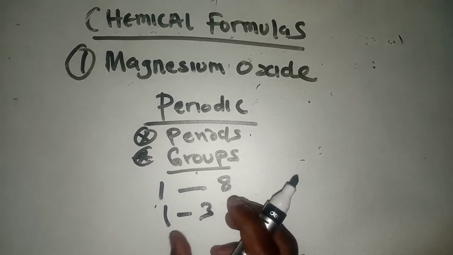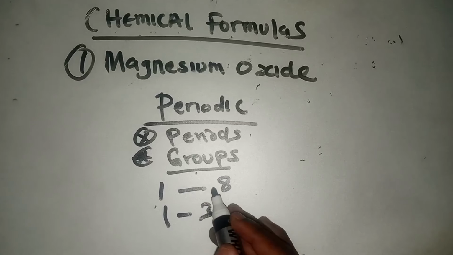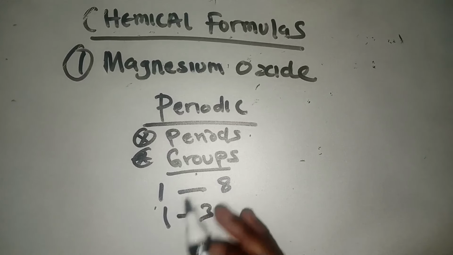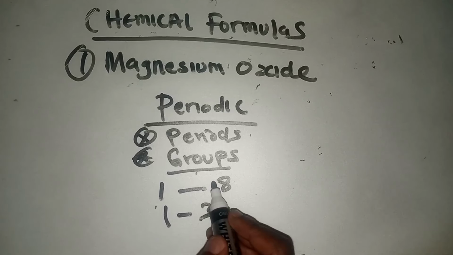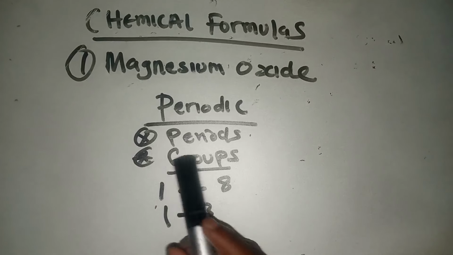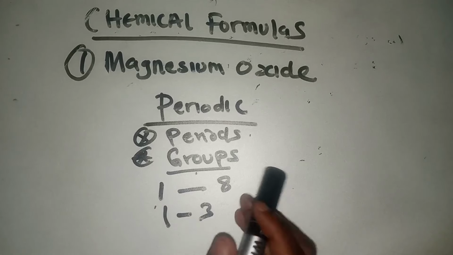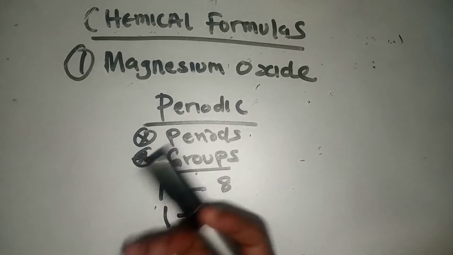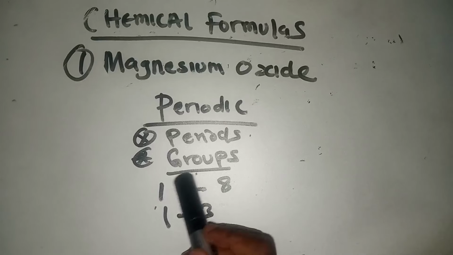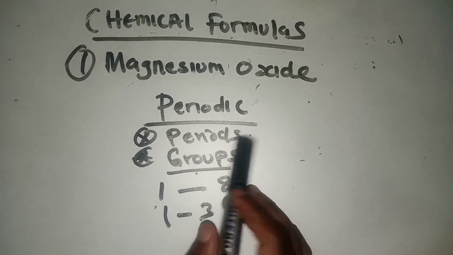The behavior of metals is that, in order for them to be stable, they always lose electrons. Then from group 5 to 7, you find non-metals, whose nature is to gain electrons in order to be stable.